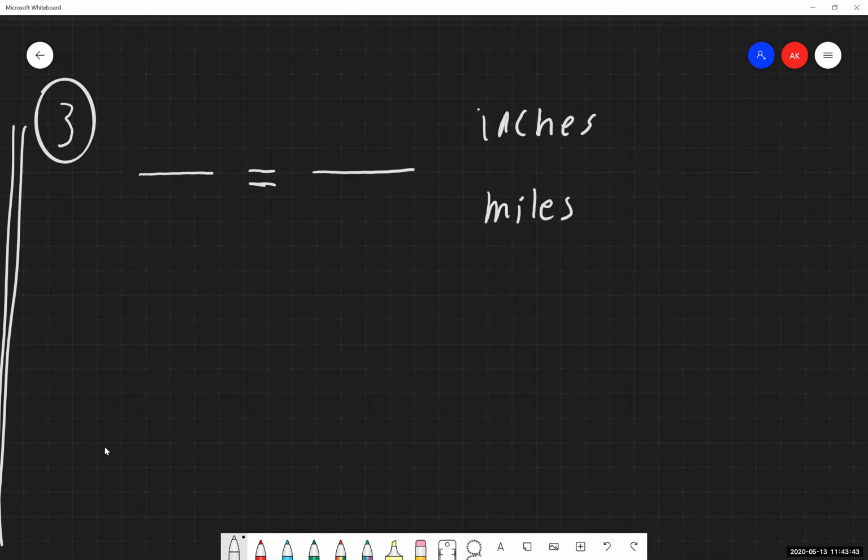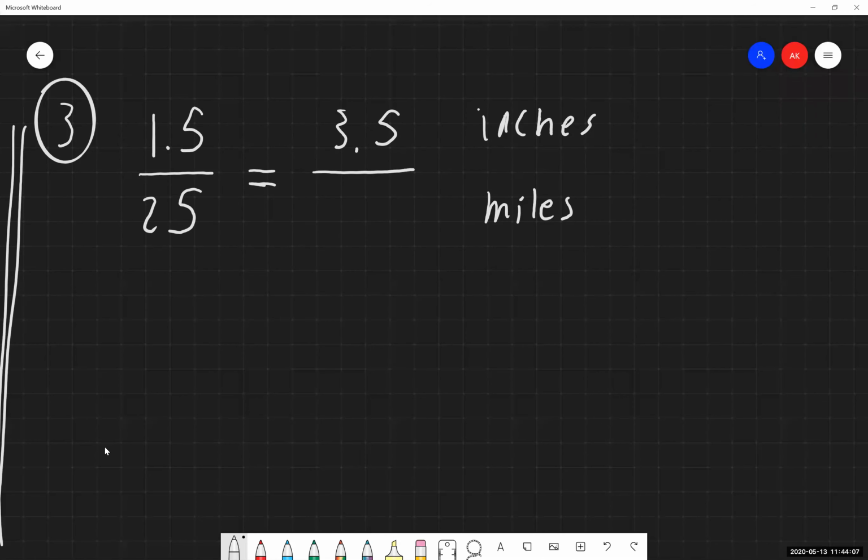So our first fraction: on the map of Westeros, 1.5 inches is equivalent to 25 miles. So I have 1.5 inches over 25 miles. What is 3.5 inches on the map equivalent to in miles? So I have 3.5 inches, and I don't know how many miles it represents.